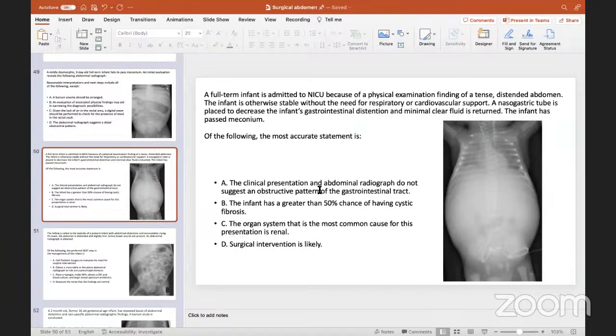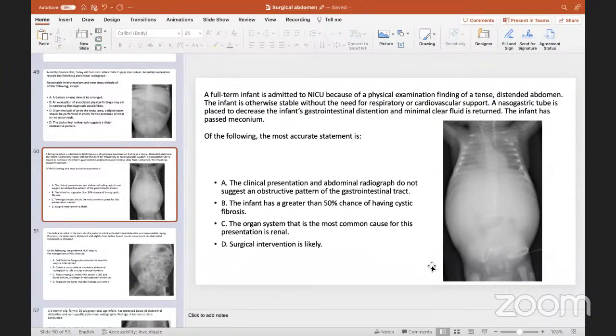The clinical picture does not suggest an obstructed pattern. No, it suggests, because if you can see, on the left and the lower right there are a few calcifications as well. So it means that this baby had perforation in utero. That's why there is some calcification, and now this distended abdomen with ascites as well.